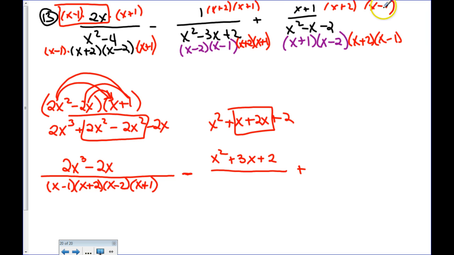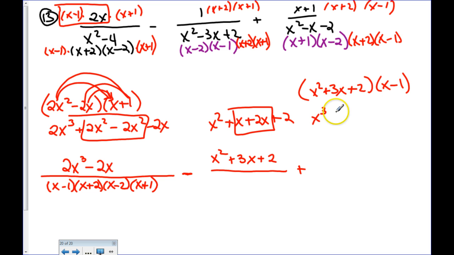We have this granddaddy now to multiply out. Okay, so let's FOIL these first 2 first. And actually that will be exactly what we got before, right? So we're going to have x squared plus 3x plus 2. That needs to be multiplied by x minus 1 yet. So x squared times x, x cubed.